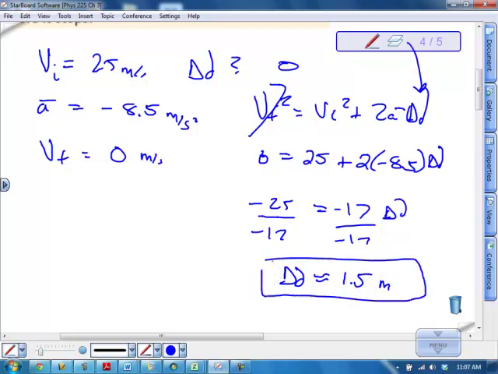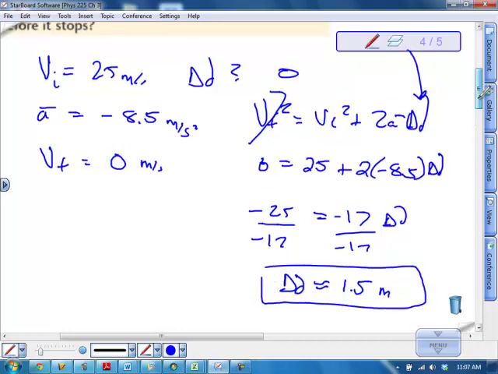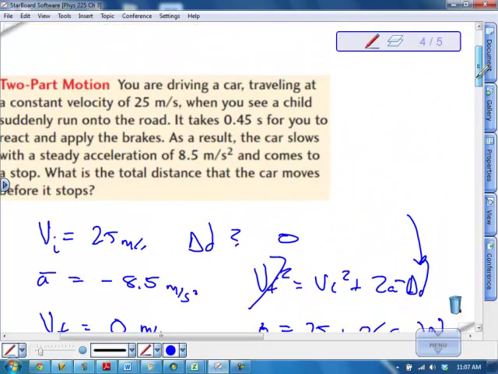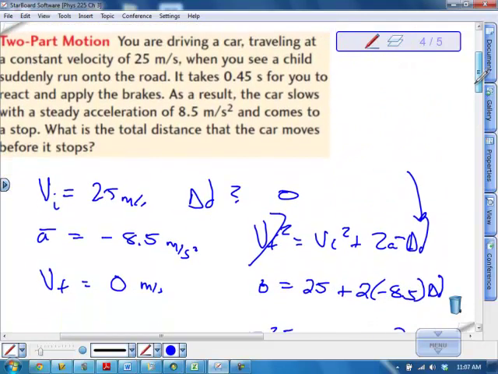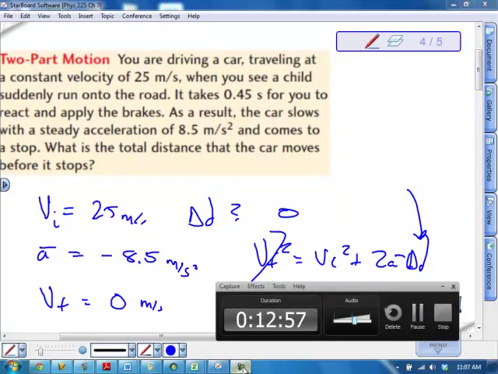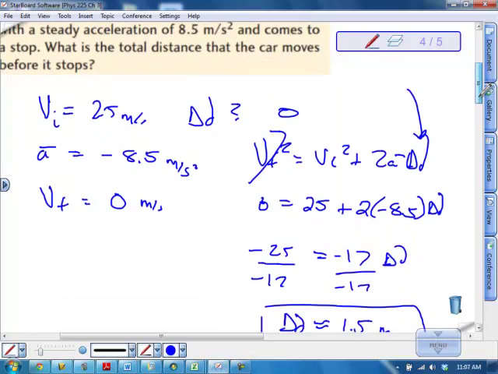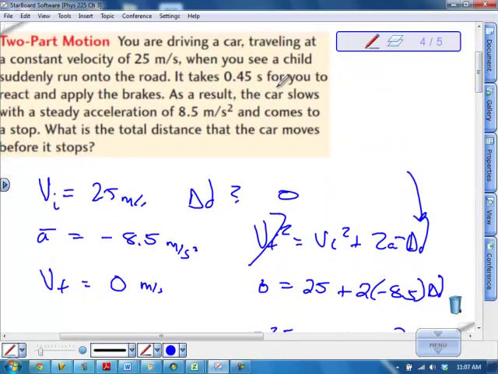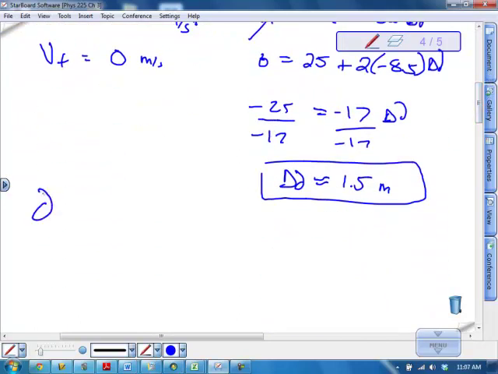meters. Okay, so if I'm going 25 meters per second, and I can stop, slamming on the brakes, I can stop pretty quickly. I should only travel about 1.5 meters. But what I need to add onto this is my reaction time. It took me 0.45 seconds traveling at a constant speed. So my distance equals velocity times time is also something I need to add on there for the constant part, my reaction.